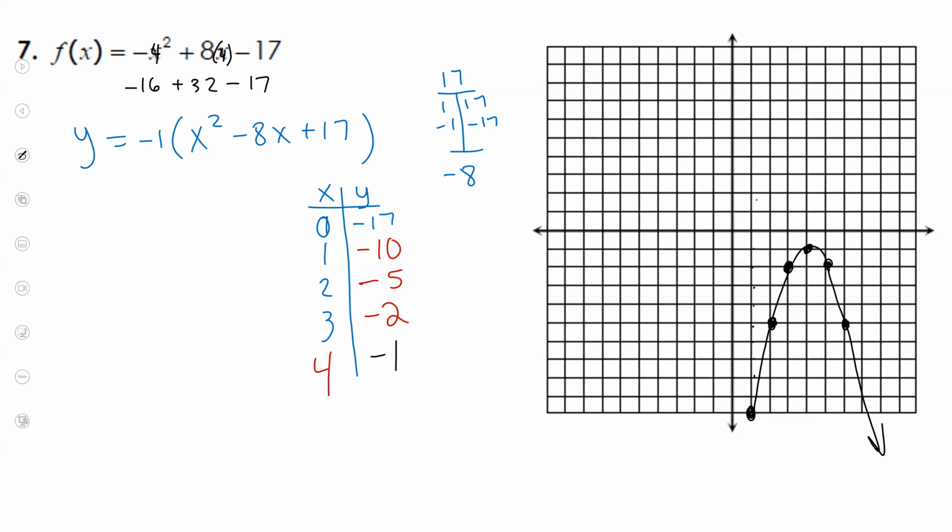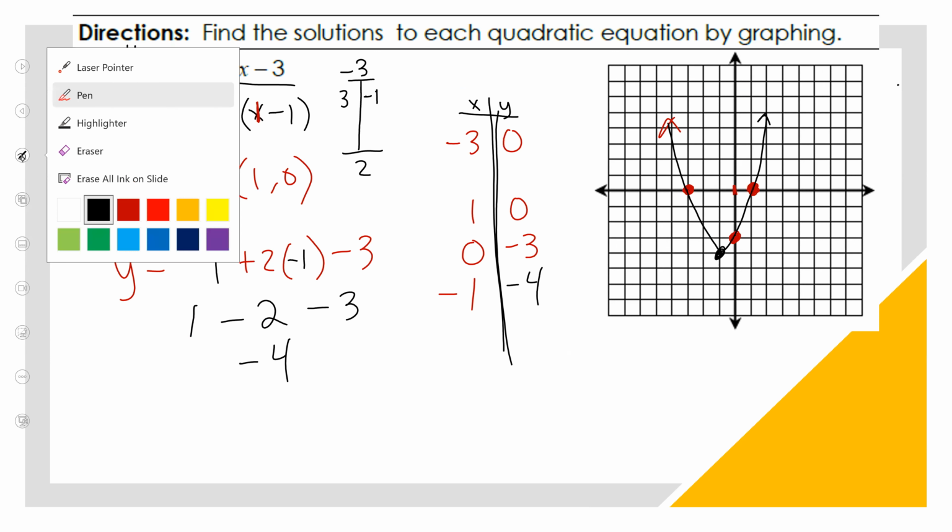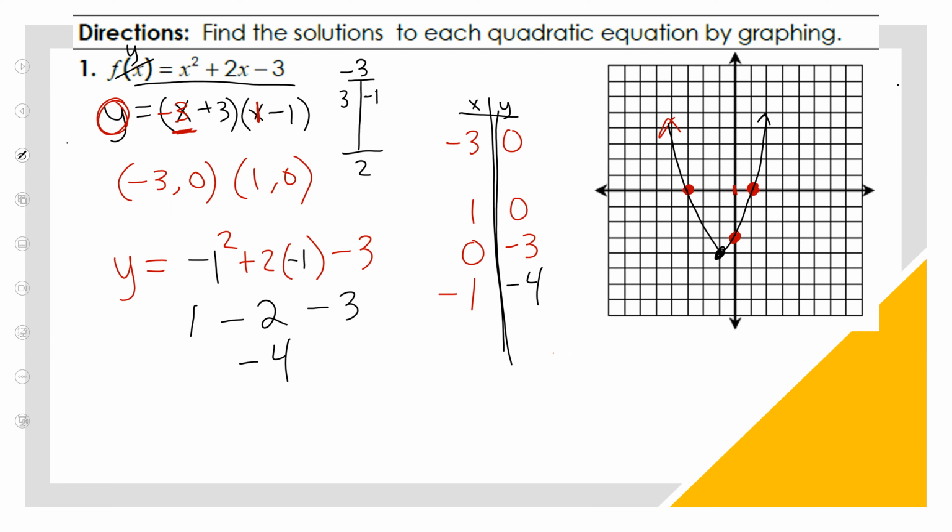Real quick, guys, let's go back here so we know how to write our answers. What are my solutions for this first example? Yep, so when I say what are my solutions, I'm talking about what are my x-intercepts.